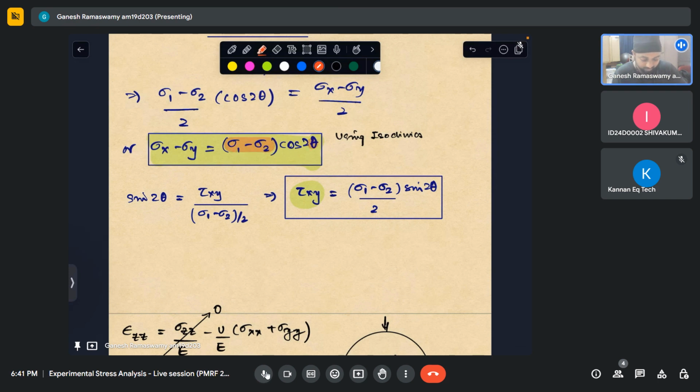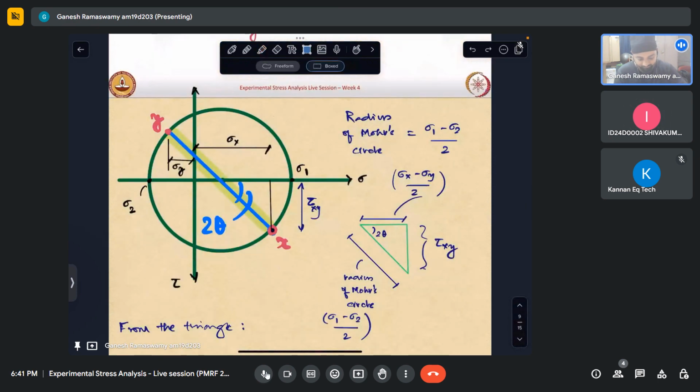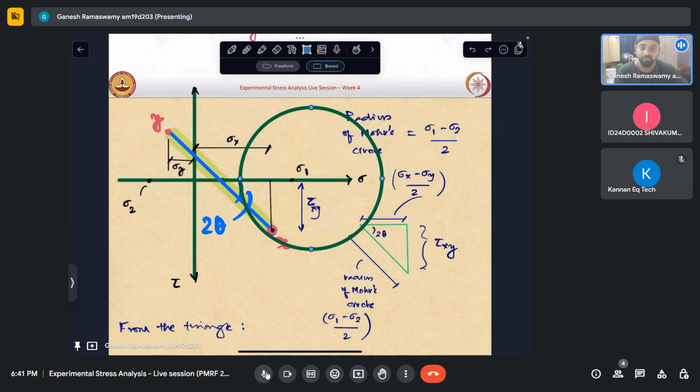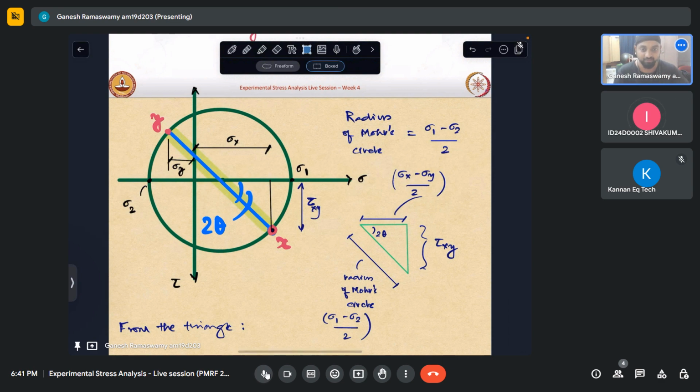These two I can get from photoelasticity. So at best, using the power of Mohr circle, I can get sigma x minus sigma y. So this expression holds good even if this circle was shifted, even if it was like this. So then also this holds. So that is a general case. I hope you understand.